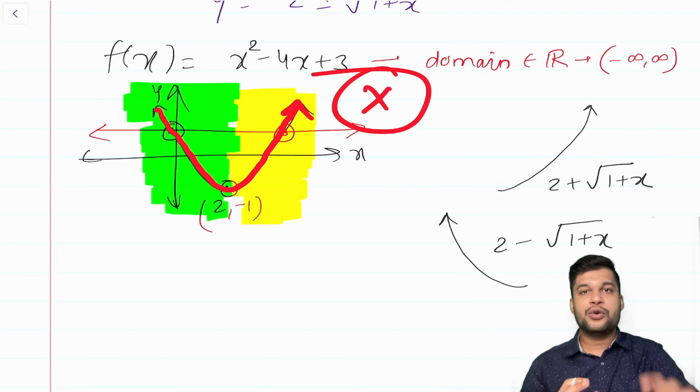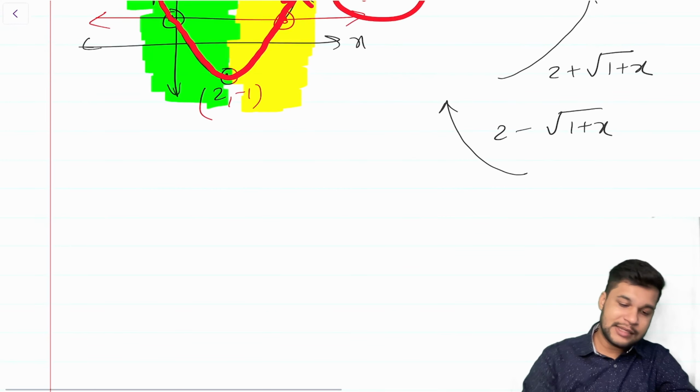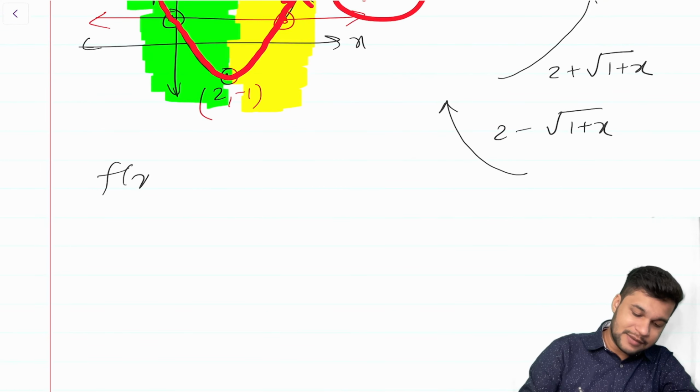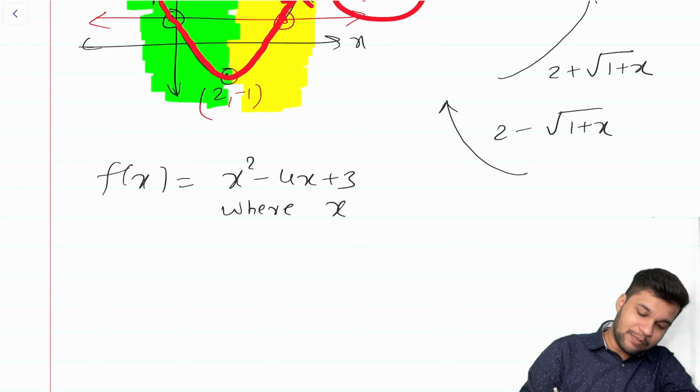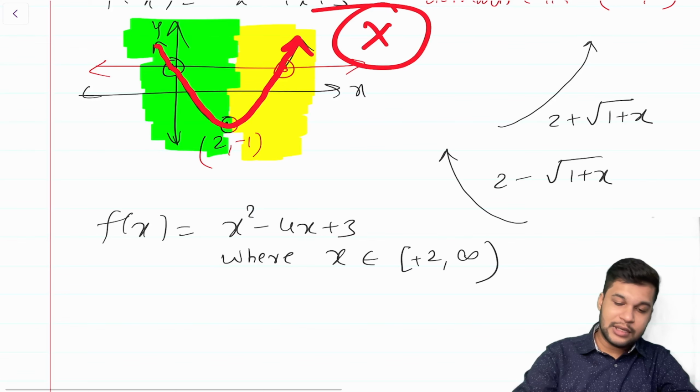Right? So you can restrict the domain. I mean, you can say that, let's say f(x) is x square minus 4x plus 3, where x belongs to positive 2 till infinity. So I'm talking about the yellow half.